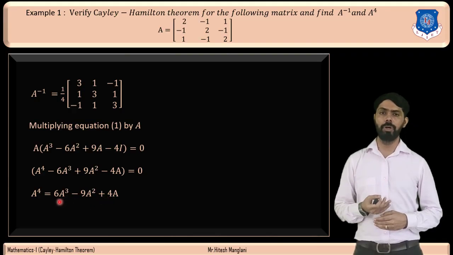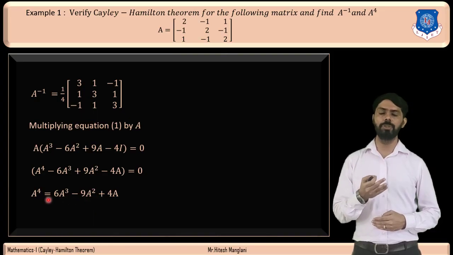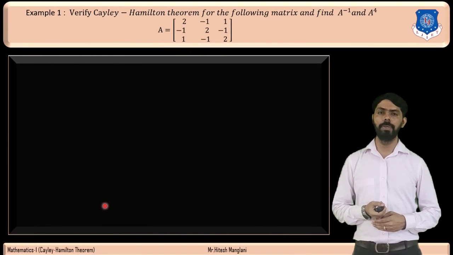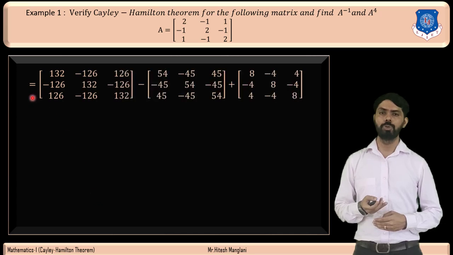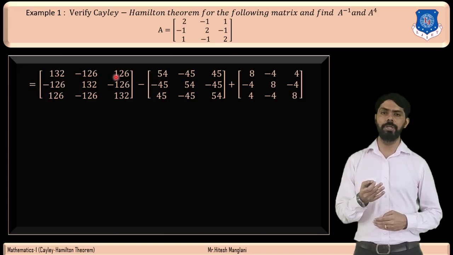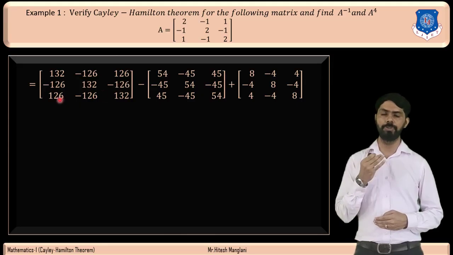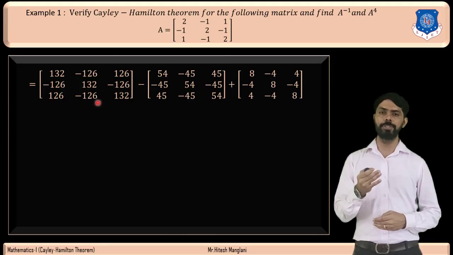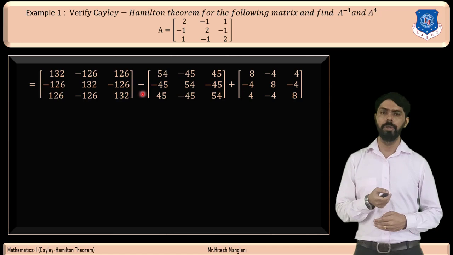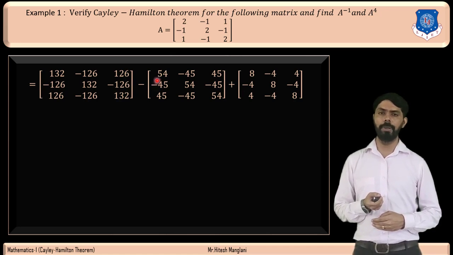Now here we have already found A cube and A square, so we will put A cube and A square in this result. So it will be 6 into A cube. Here we will have to multiply all the elements of A cube by 6. So it will be [132, -126, 126; -126, 132, -126; 126, -126, 132], then minus 9A square. We will have to multiply all the elements of A square by 9.